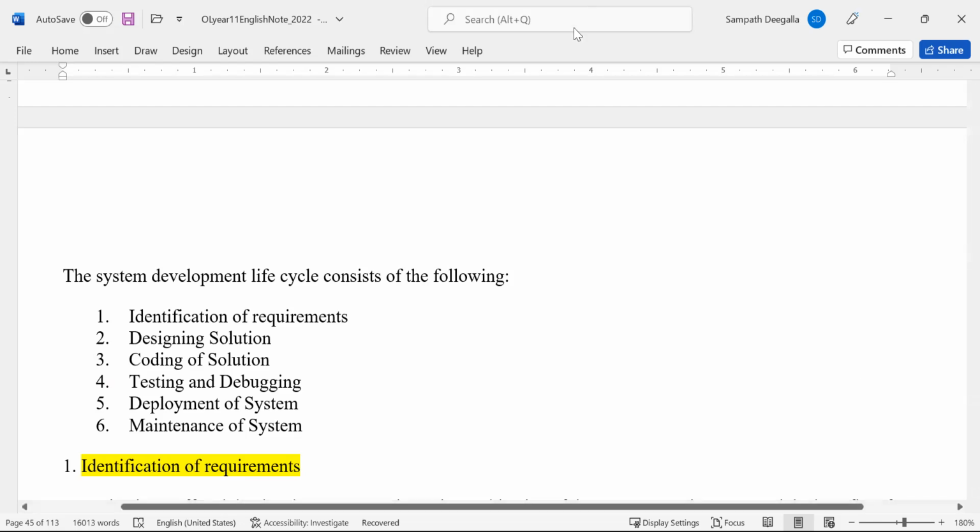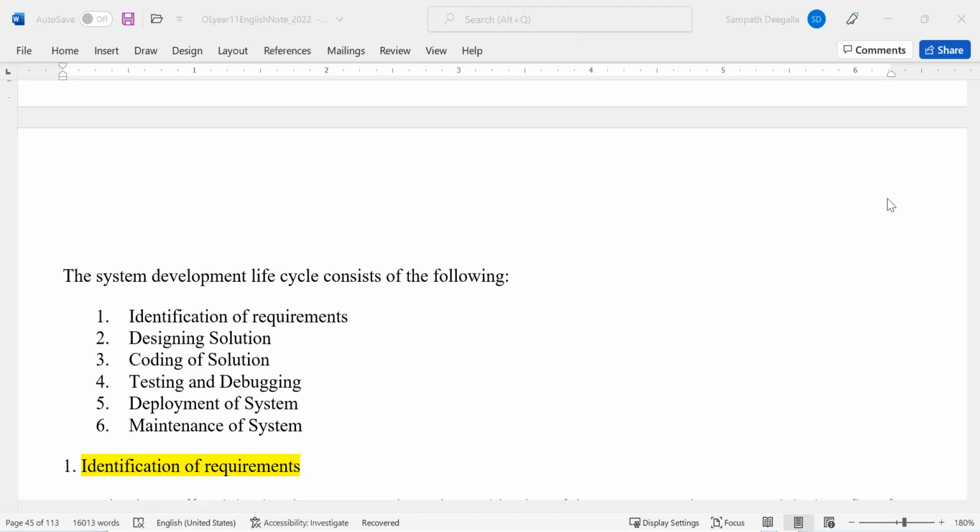Now, before you build a system, you need to know what the requirements are. Now, for example, let's say you are going to develop an information system for a school. Now, for that, we need to understand different requirements. Now, what the principal needs is different from what a sectional head needs.